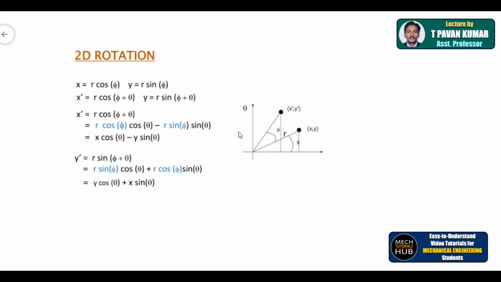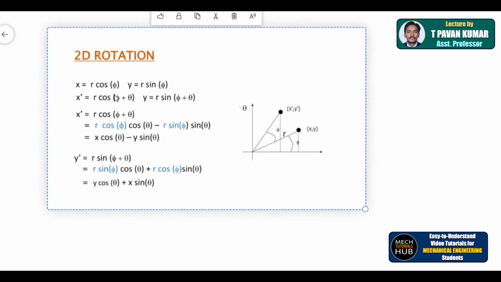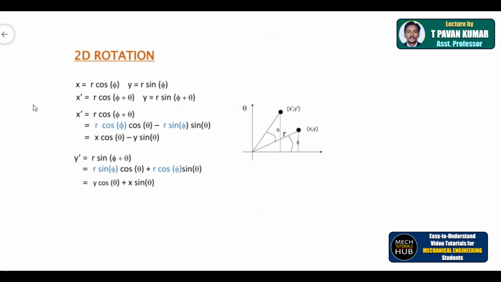You will understand clearly. x is equal to r cos phi, y is equal to r sin phi. x prime is equal to r cos phi plus theta, y prime is equal to r sin phi plus theta. Now imagine that this is a and b. I am calling it phi and theta, but you can take it as a and b, cos a plus b, sin a plus b.